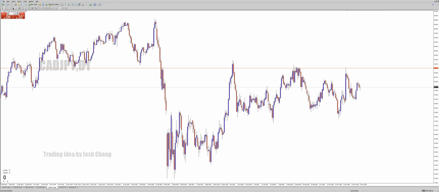Let me put in a range, let the market be in a range first. I can see the market in a range now. Then this is a lower low, then this should be a lower high, then the market just created a higher high.